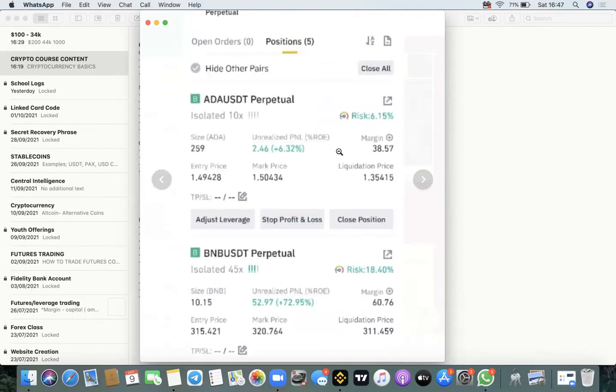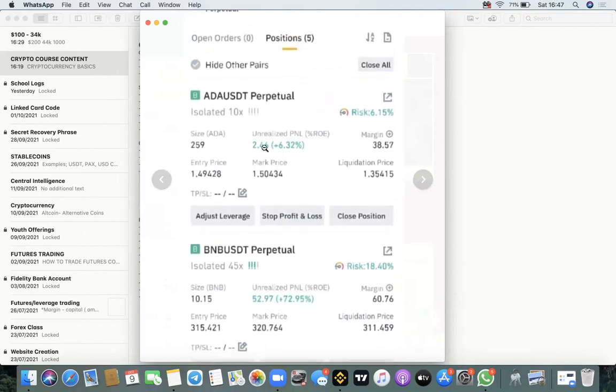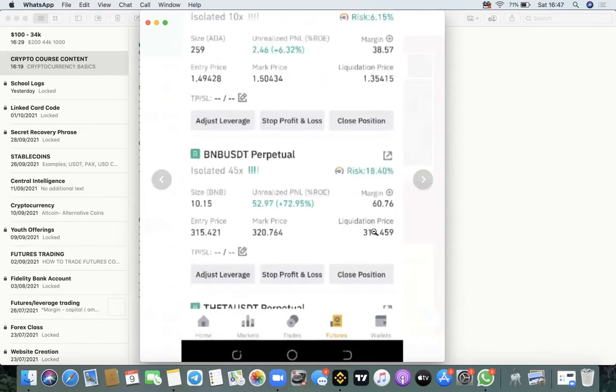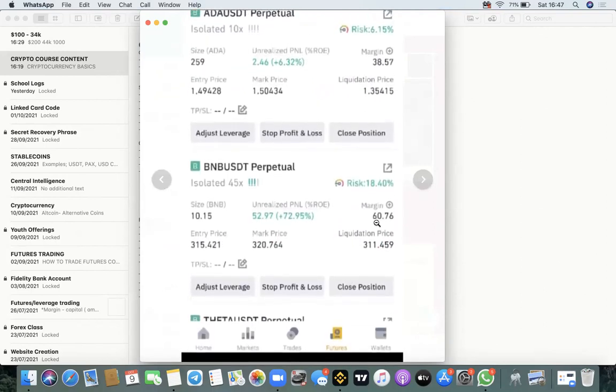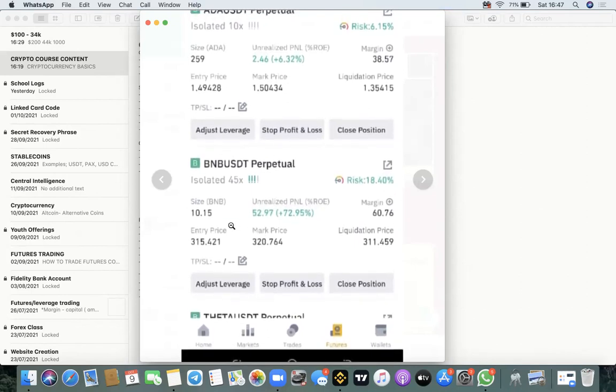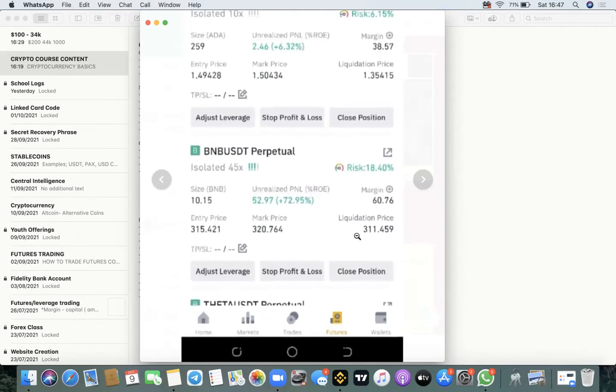Okay, some examples. This one, the margin is 38. So far he has made $2.4 profit, still counting. Let's check out this one. The margin is $60, and he or she has made about $2 profit so far. This is his liquidation.